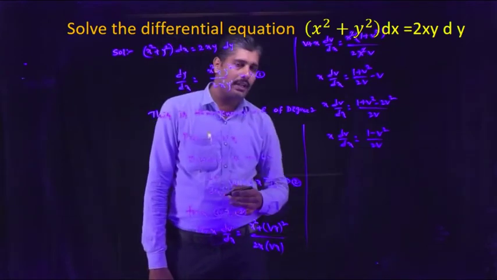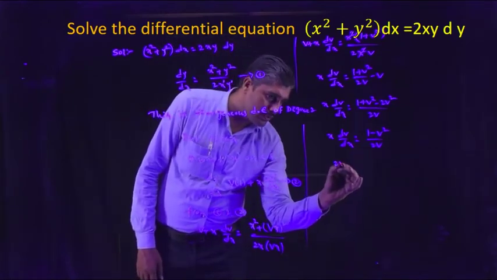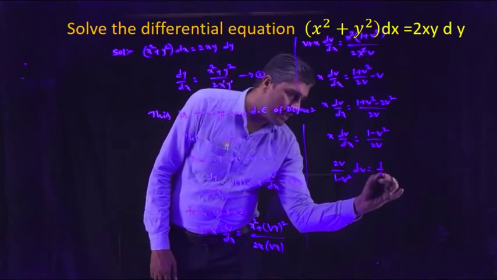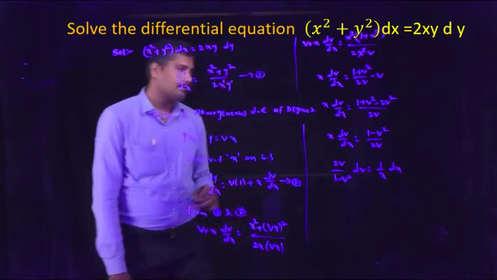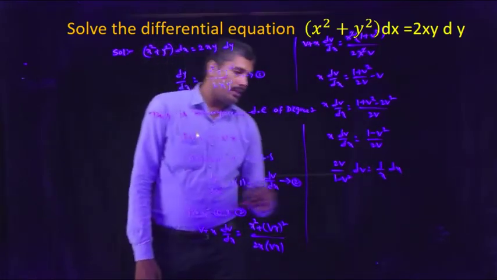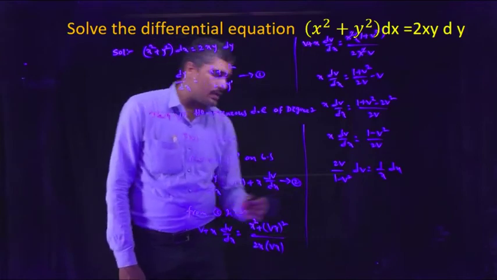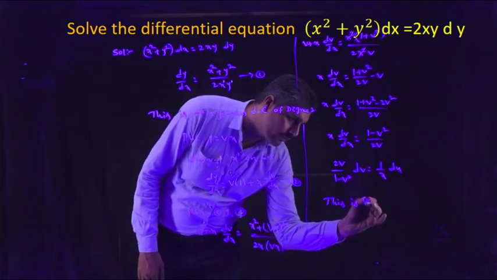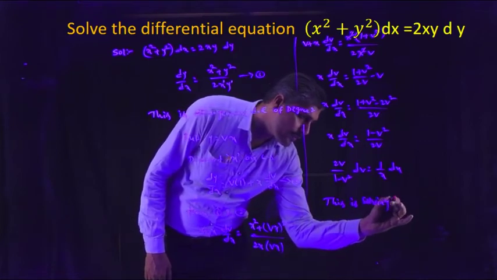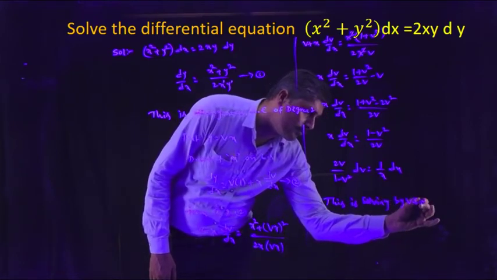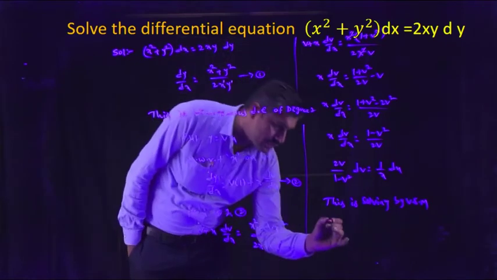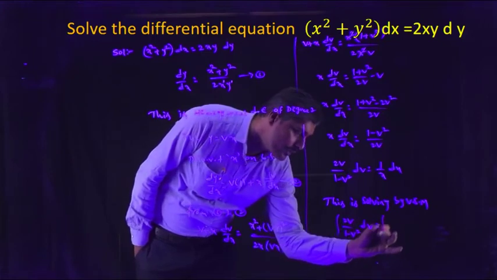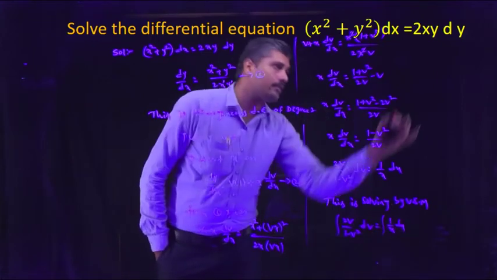Then separating v terms and x terms, that is 2v by 1 minus v square dv equal to 1 by x dx. This is solved by using the variable separable method. Then integrating on both sides, integral 2v by 1 minus v square dv equal to integral 1 by x dx.